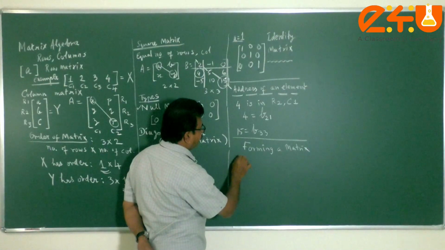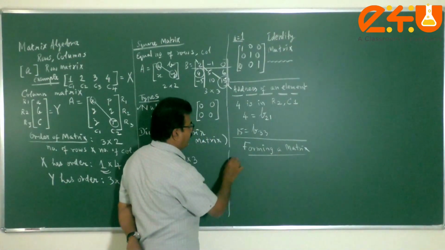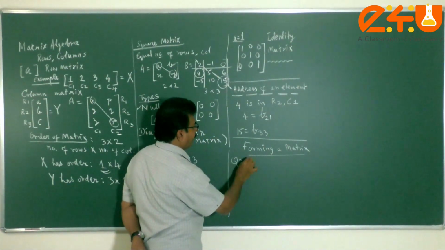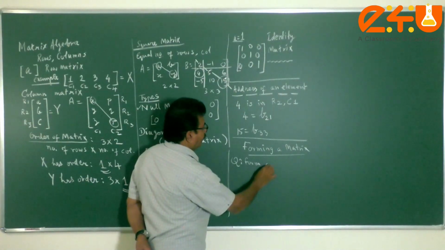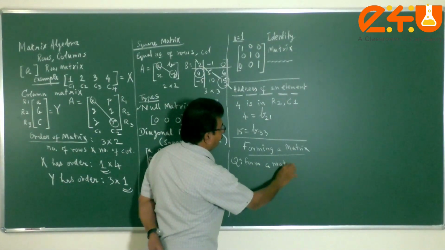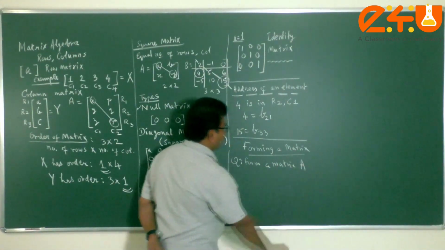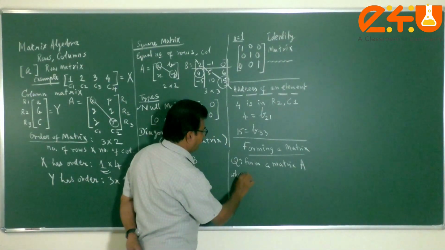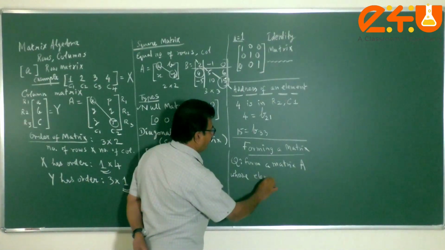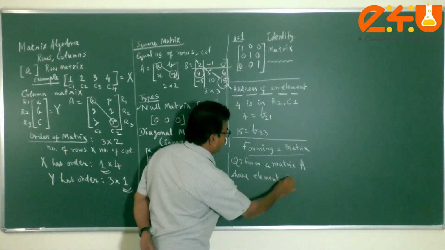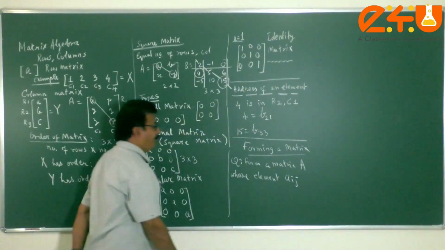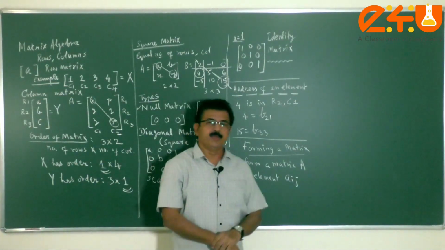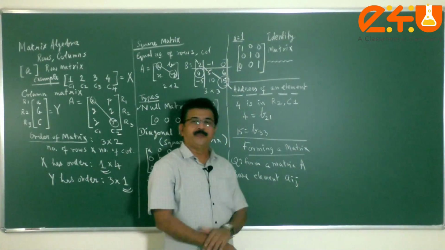Let me write a question. Form a matrix capital A whose element aij. Now students may be wondering, sir, what is that aij?